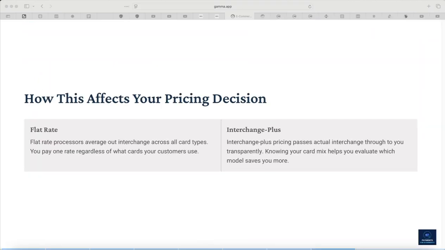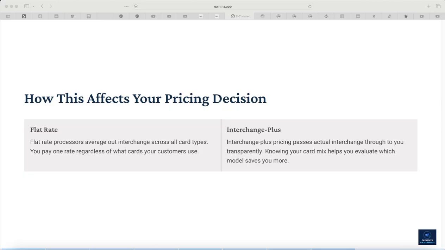Now here's where this becomes actionable for you. When you are on flat rate pricing, let's say Stripe at 2.9%, Shopify at 2.6%, or Square 2.6%, the processor is charging you one fixed rate regardless of what card your customer uses. They pay the actual interchange cost on the back end, which varies by card type, and they keep the difference between their flat rate and whatever interchange actually costs on that transaction. So on a debit card transaction where interchange might be under 1%, that spread is enormous.